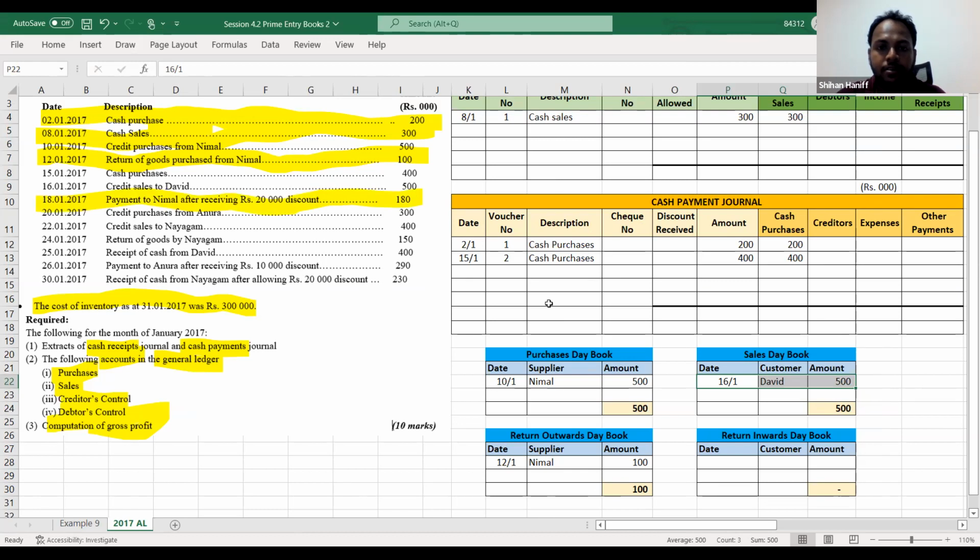It's a cash payment. Paid Nimal 180. It comes under the creditors column. 500,000 is credit sales.